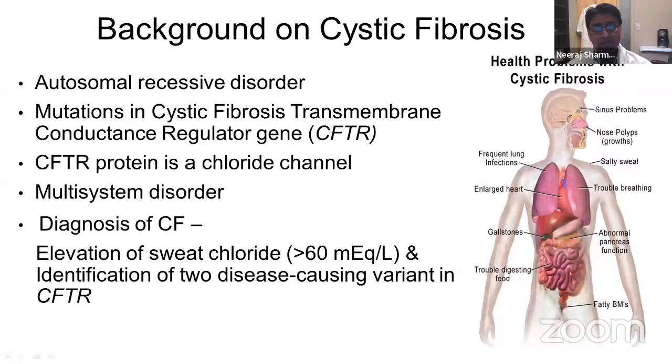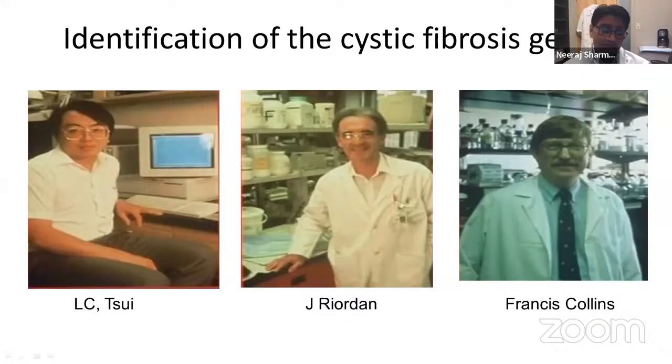These are just words, and I know it becomes a little difficult without context, but just imagine that in 1989, when this disease-causing gene was identified, it was quite an uphill task because, as we know, the genome is quite big. So these three people collaborated together, which emphasized the importance of collaboration in science. On the left is Lap-Chee Tsui, a geneticist at that time working at the Hospital for Sick Children in Toronto. In the middle is Jack Riordan, a structural biologist.